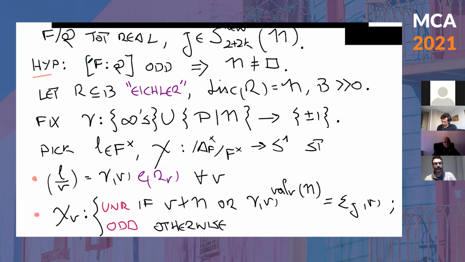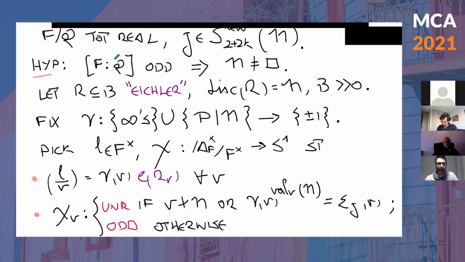We will assume that if the degree of the number field is odd, then the level is not a perfect square. As Ariel was saying a couple of minutes ago, this is not a hypothesis when you deal with quadratic fields. Well, this hypothesis could be removed in some cases, but I'm not going to talk about this.